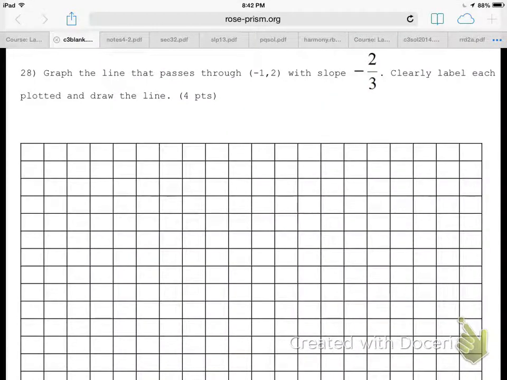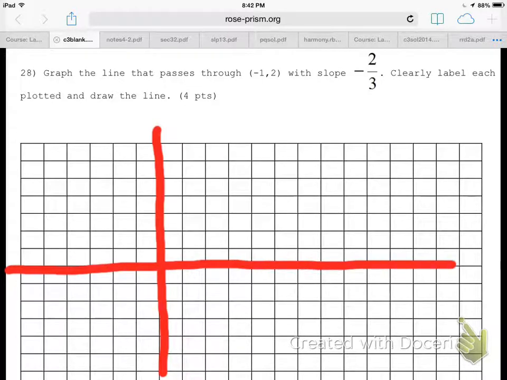We've got this little graph, and I don't have an axis yet on this page, so let me just say that'll be my y-axis. This will be my x-axis. Now, we need to start by plotting the point -1, 2. That's to the left 1 and up to this point that I've just filled in there is -1, 2.